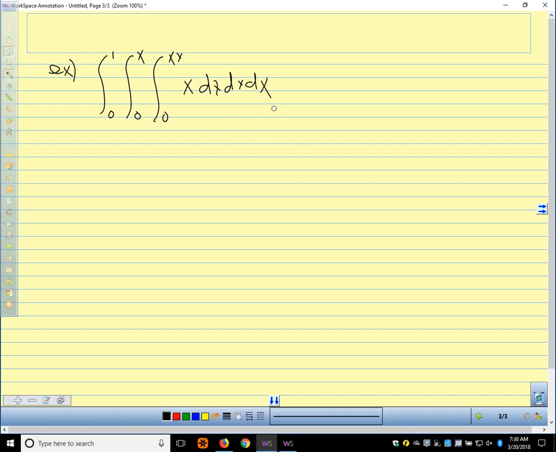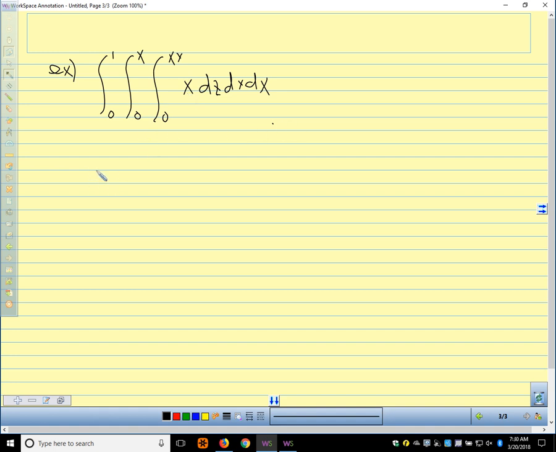We could interpret this as integrating the function x that's below the surface z equals xy, and bounded in the xy plane by y equals x from x equals 0 to 1. And x would be maybe a mass per unit volume, a charge per unit volume, something.